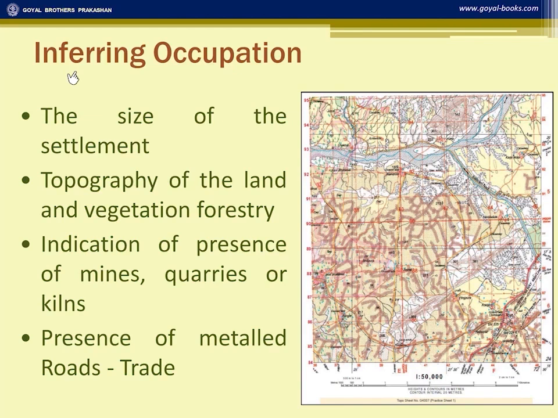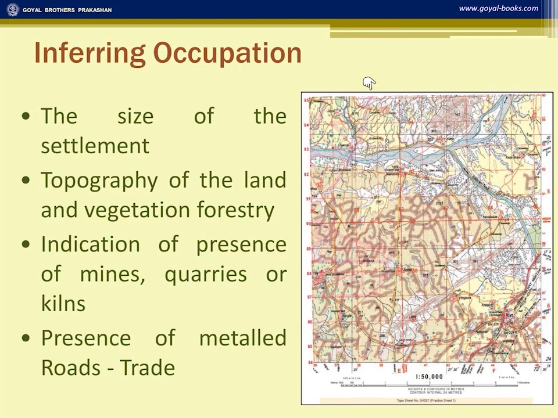But suppose there was an annual fair there, or a lime kiln is there, or a brick kiln is there, or there is a metal road going by, or there is a railway line crossing.